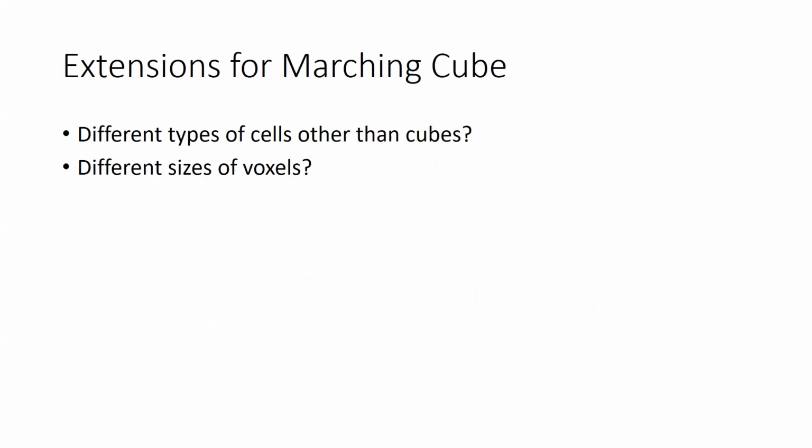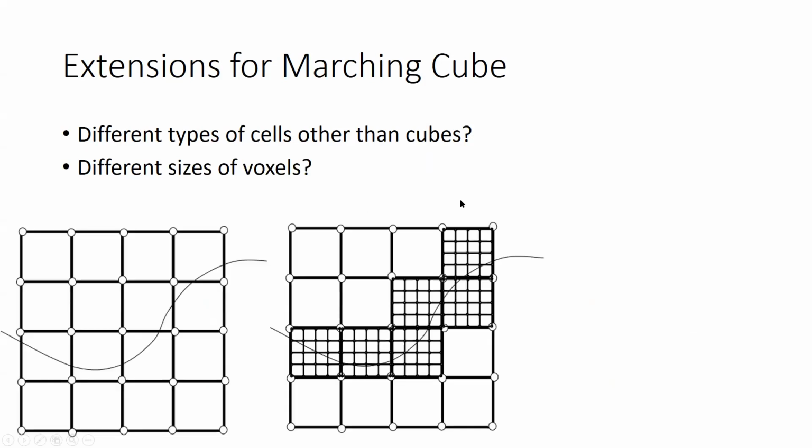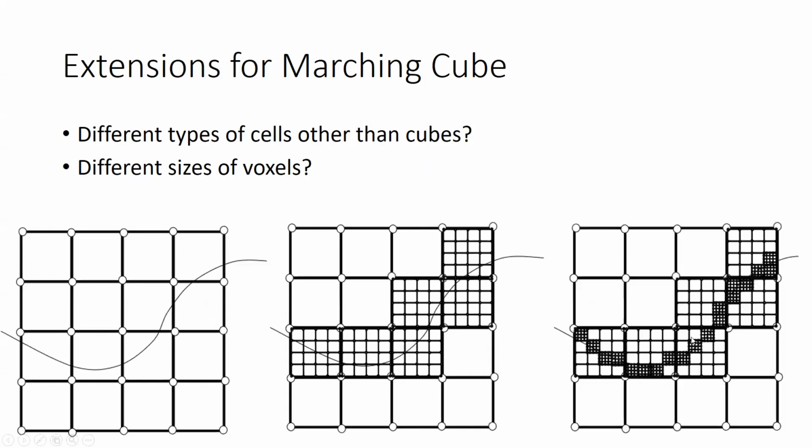And there's more variation of that. For example, can you use shapes other than cubes? Because think about it, the cubes are laid on the vector field. And the vector field is what we already have, but we can lay something other than a cube. And because you have a vector field, if your vector field is dense enough, you can have adaptive types of voxels. I make them smaller and smaller, even divide them further, to make my surface construction more detailed.